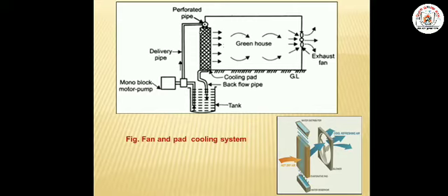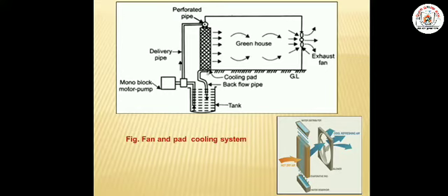Here in one wall of the greenhouse, the cooling pad is fitted, while in the opposite wall, a high volume and high speed exhaust fan is fitted. So when the water is pumped and supplied to the overhead tank of the cooling pads, water tends to flow from the top of the cooling pads towards the bottom.